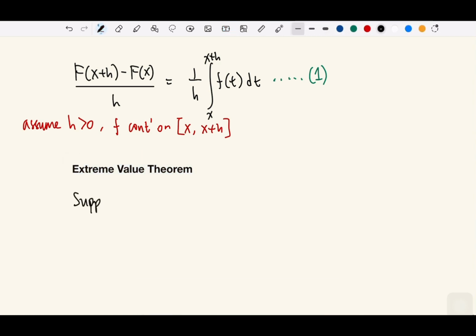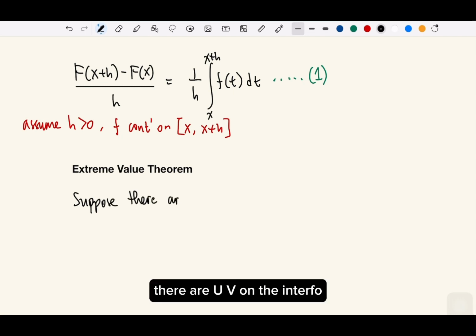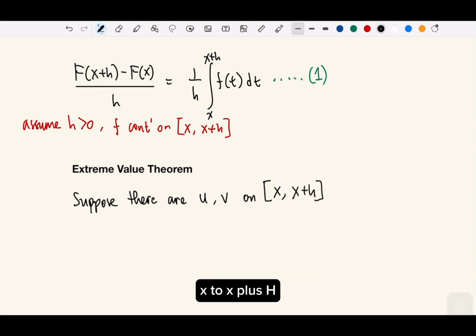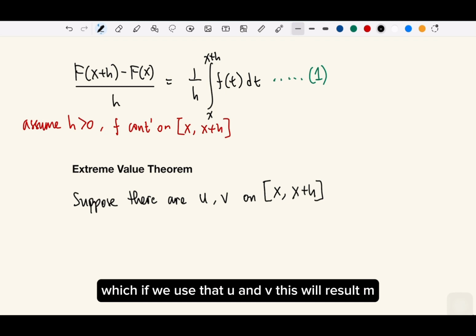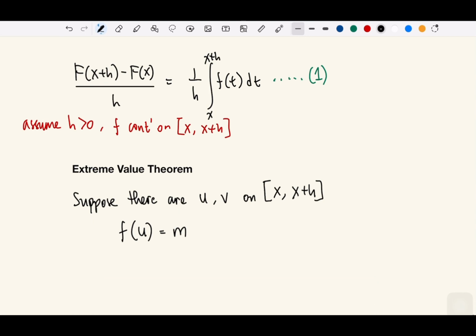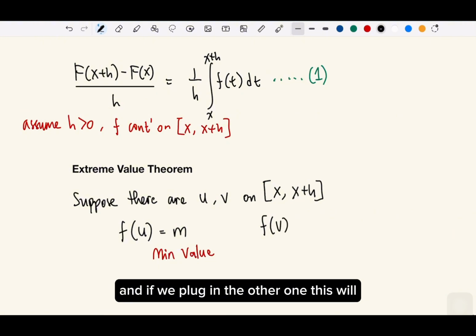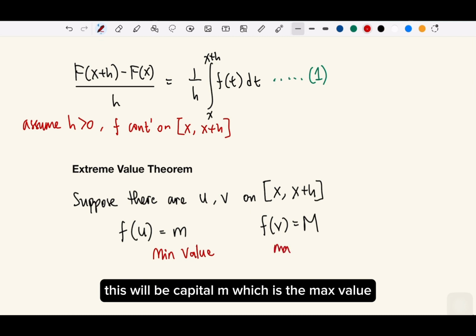So suppose there are u, v on the interval x to x plus h, which if we use that u and v, this will result in m. We call this the minimum value. And if we plug in the other one, this will be capital M, which is the max value.